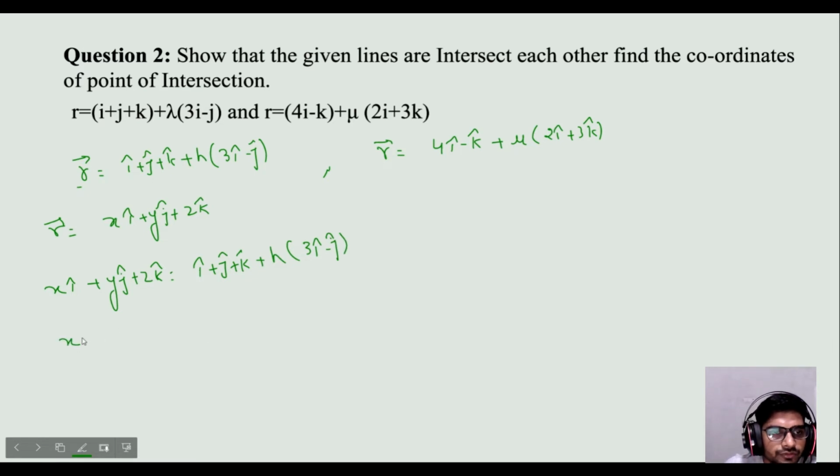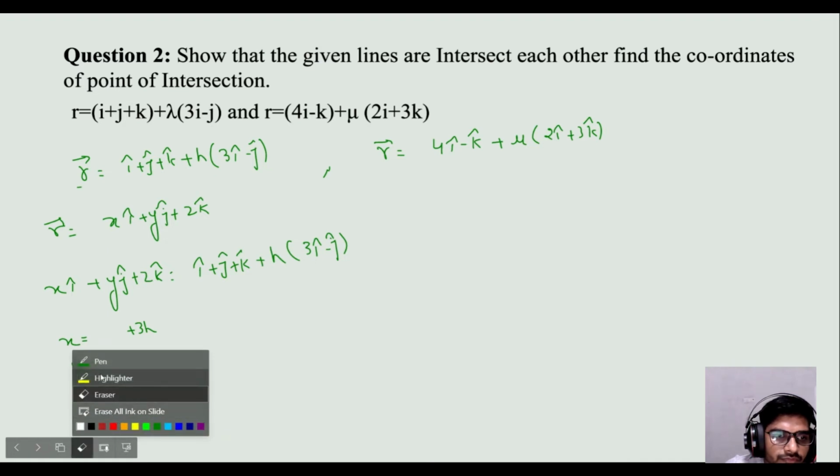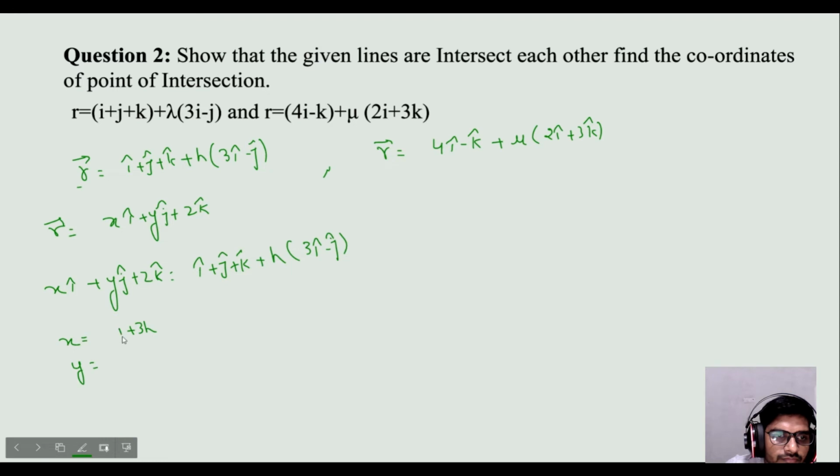Okay, so on comparing, the value of x equals 1 plus 3 lambda, y equals, z equals. We can say just 1, not i. Okay, in this we can say this is 1. Okay, so just 1 plus 3 lambda.